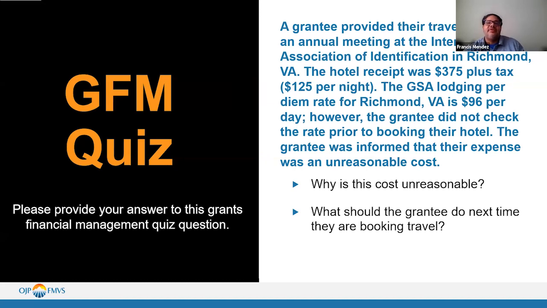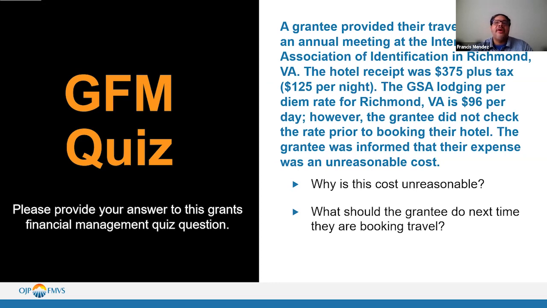That's right. Thank you, Kimberly. So the GSA has lodging and per diem rates for different locations. And as you can see, the lodging cost was significantly higher than the GSA lodging rate. Now, what should the grantee do next time they're booking travel?